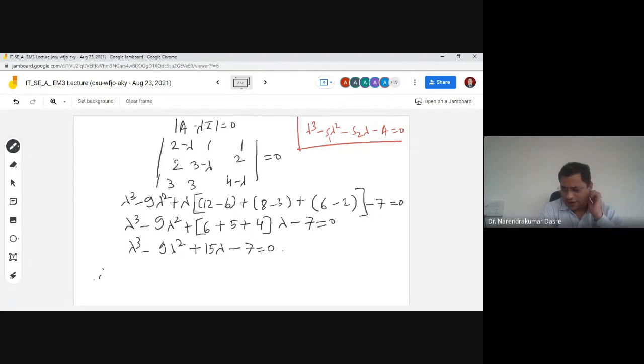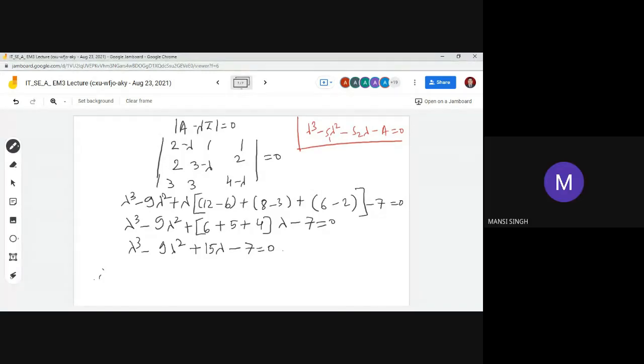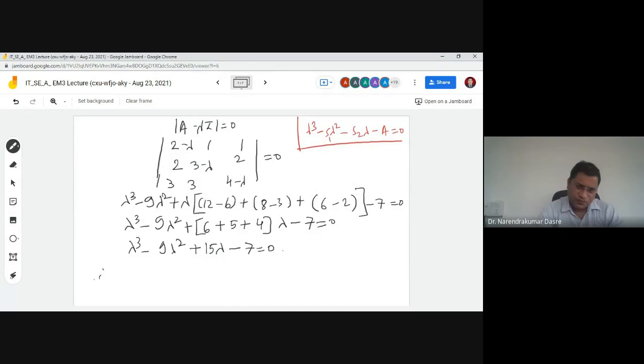So use your calculator, solve this equation, and then you will get the eigenvalues. So what eigenvalues are you getting? 7, 1, 1. Yeah. Okay. So we got here lambda minus 1 bracket square into lambda minus 7 is equal to 0. So we got lambda is equal to 1 comma 1 comma 7.